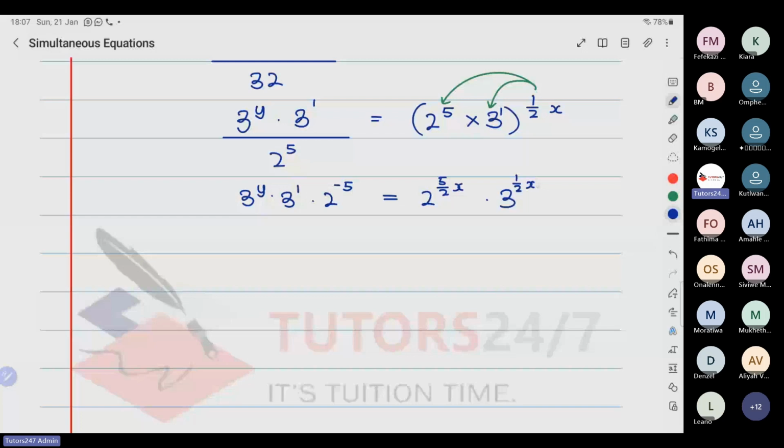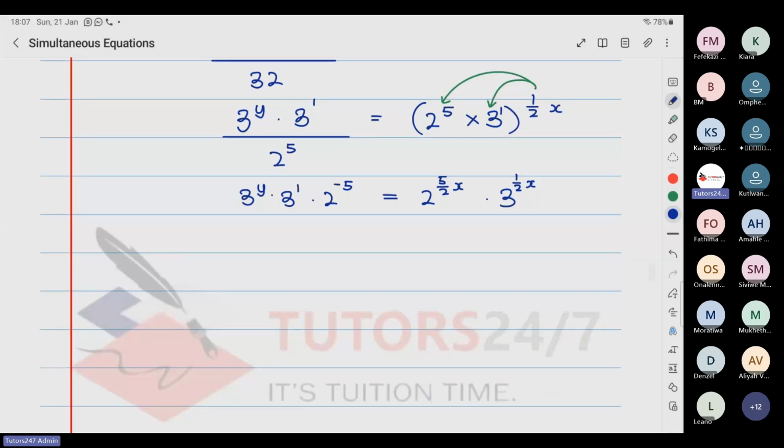All we did was multiply the exponent outside of the bracket into the bracket. That is it. From here, something that you should notice is that we have bases of 3 and 2. Now remember what we did previously. When the bases were the same, we dropped them and we only dealt with the exponents. So that is what we are now going to do.